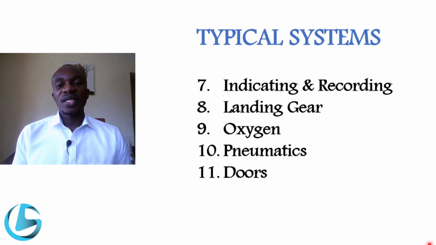So these are just the basic systems, the typical systems that are found on most aircrafts. This can vary from aircraft to aircraft, but on most aircrafts, you are likely to get the instruments that I've listed as the typical instruments on most aircraft.